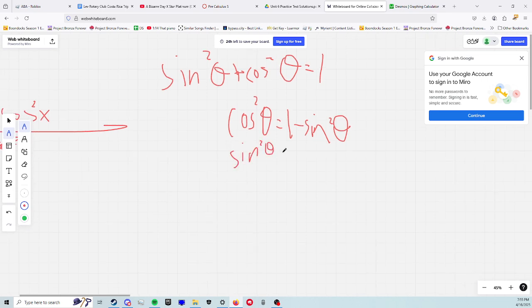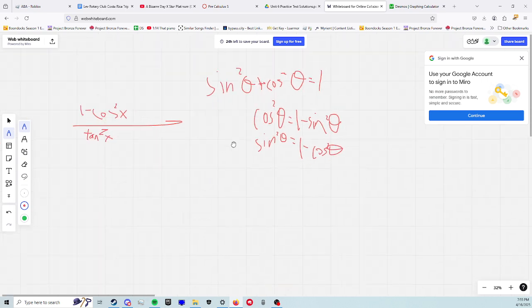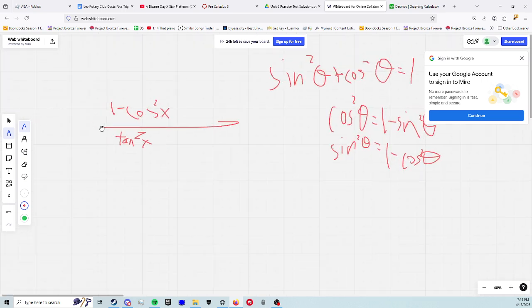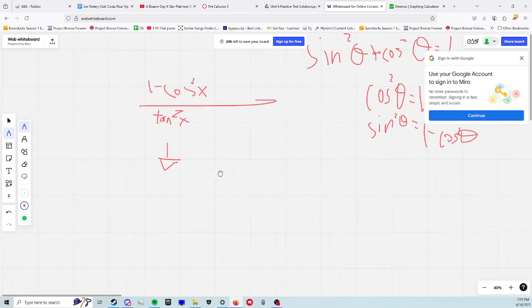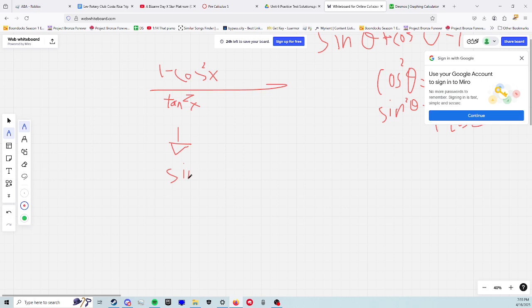We'll remember this. This is very important to know, especially for this problem. So 1 minus cosine squared, it's this identity. Now we can rewrite this into sine squared theta over tangent x.